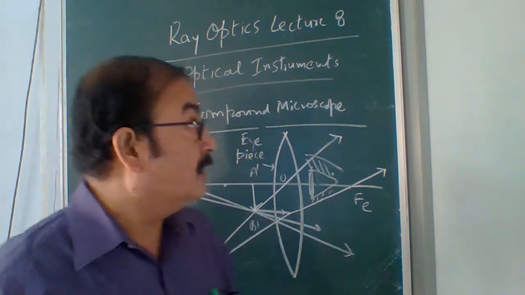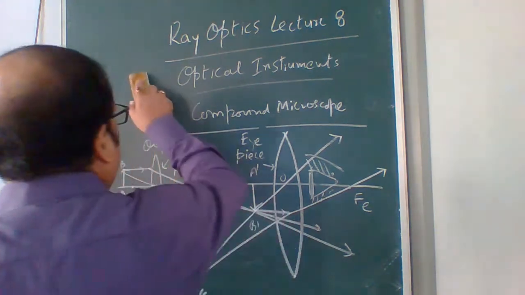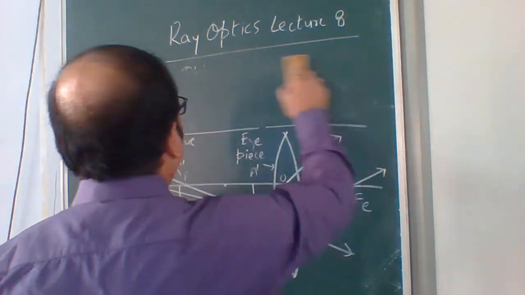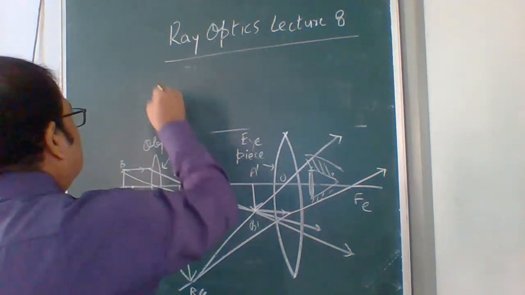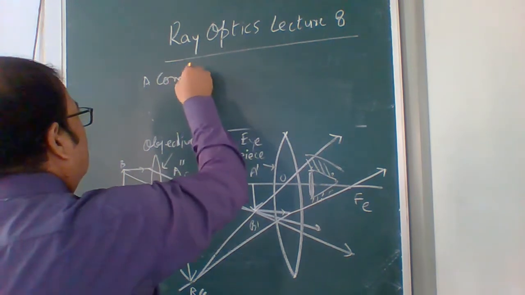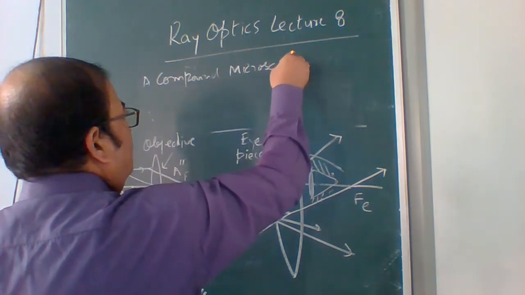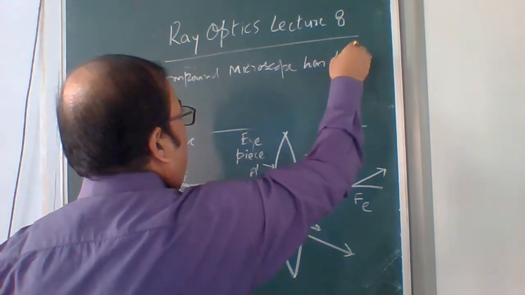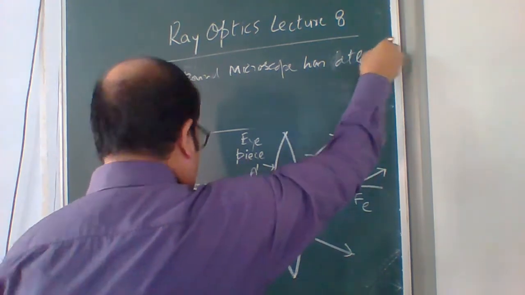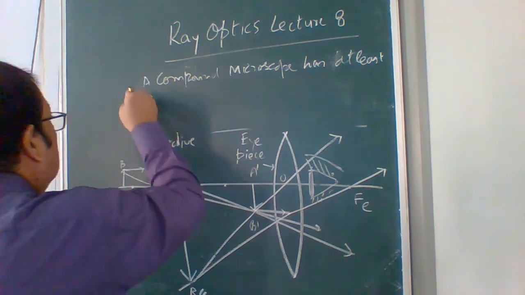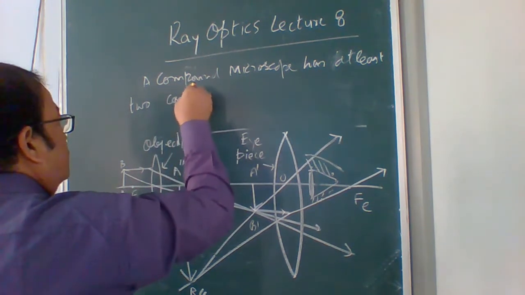Always remember. I am just writing down what we have just said. A compound microscope has at least two convex lenses.